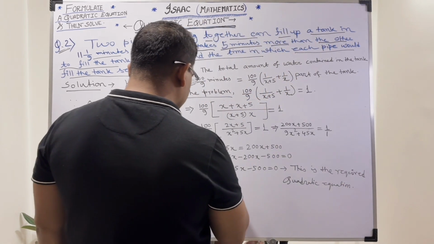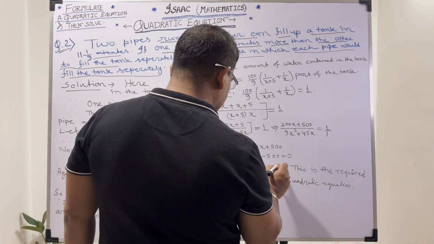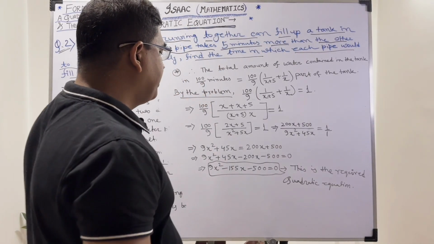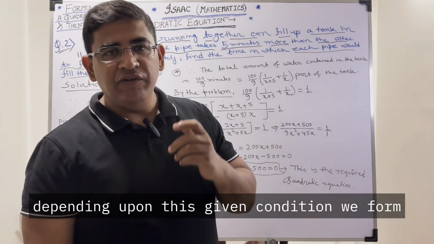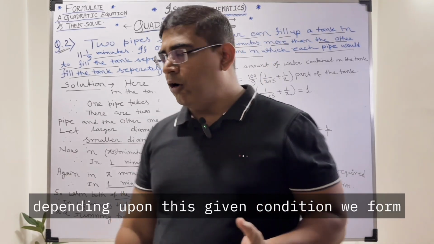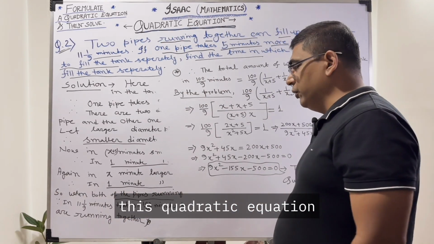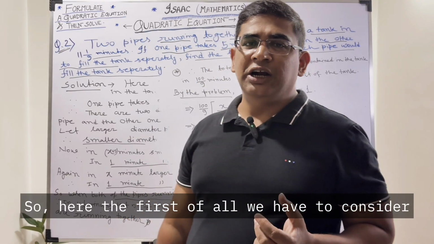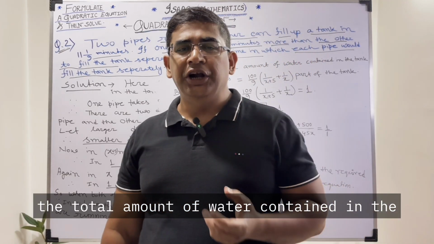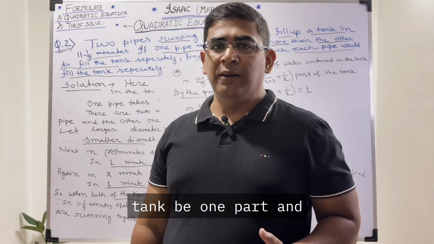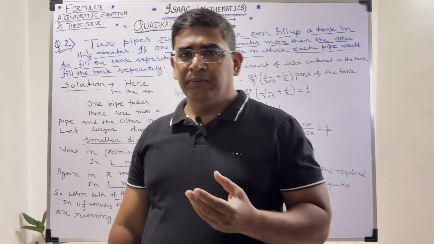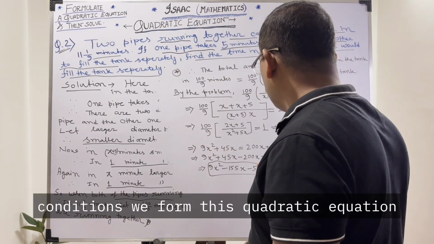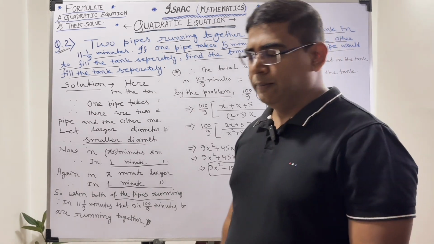Okay. So depending upon this given condition, we form this quadratic equation. Okay. So here, first of all, we have to consider the total amount of water contained in the tank be 1 part. Okay. And then by following these conditions, we form this quadratic equation. Okay.